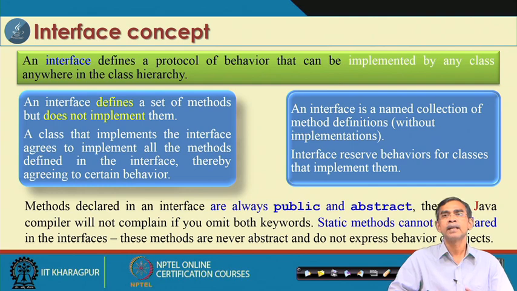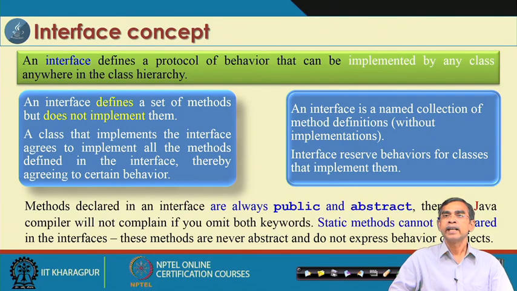So, it gives a rule of thumb about creating your own class, taking the rule from the abstract class or interface. As I have already told you, an interface defines a set of methods, but does not implement them because they are declared as abstract. A class should implement the methods which are declared as abstract methods in the interface.